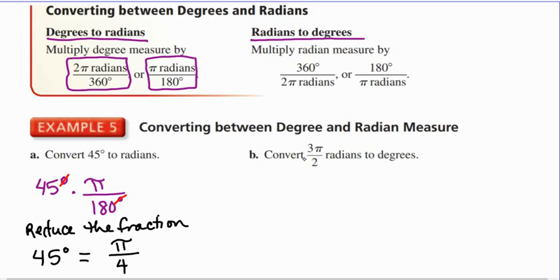Okay, so let's look at this problem. We have convert 3 pi over 2 radians to degrees. So in order to convert from radians into degrees, I'm going to take the radian measure, 3 pi over 2, and multiply that by this right here, 180 degrees over pi radians. So 180 degrees over pi.